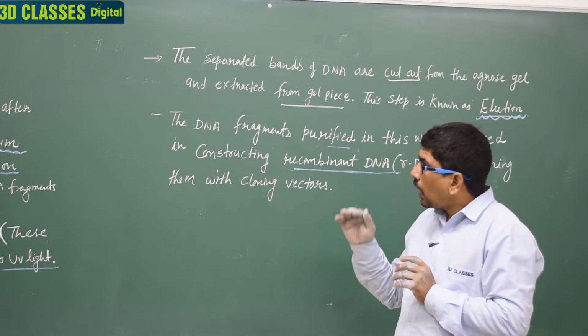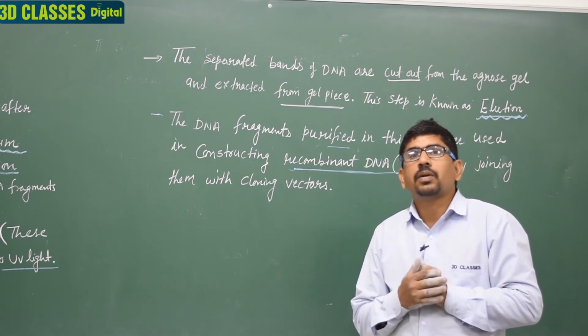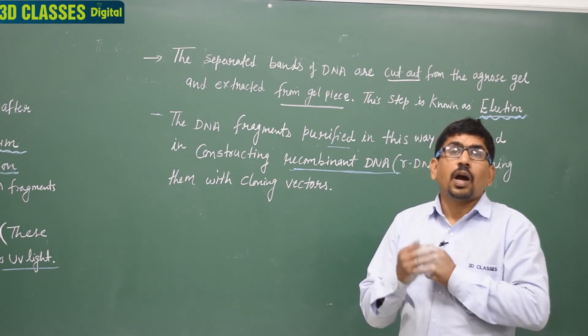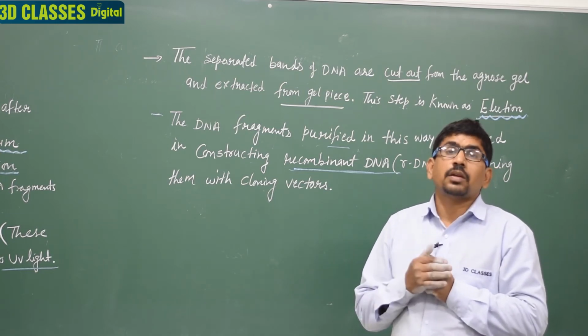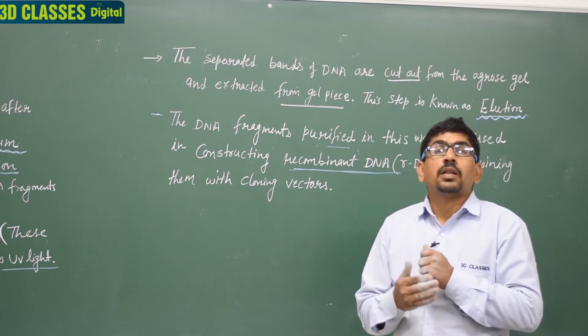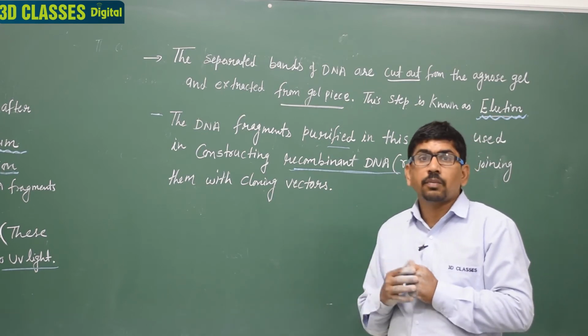Clear? I will explain here with a diagram the mechanism: how we make the gel, how the electrophoresis chamber works, and the band patterns. These are explained with the help of a diagram.